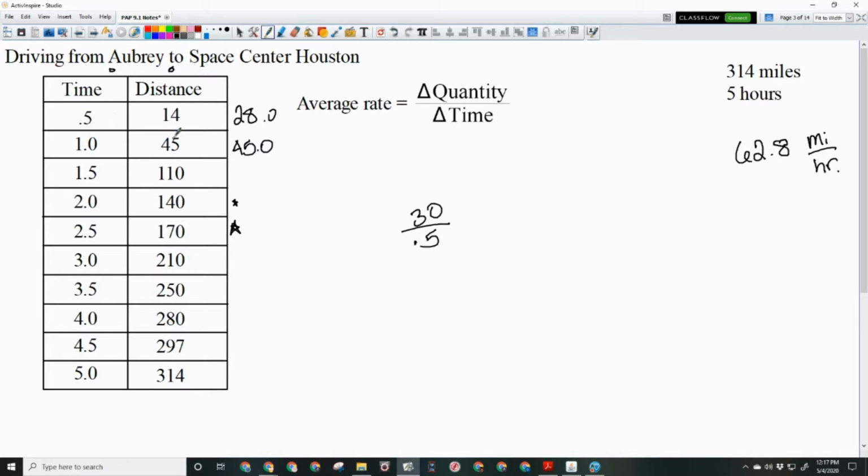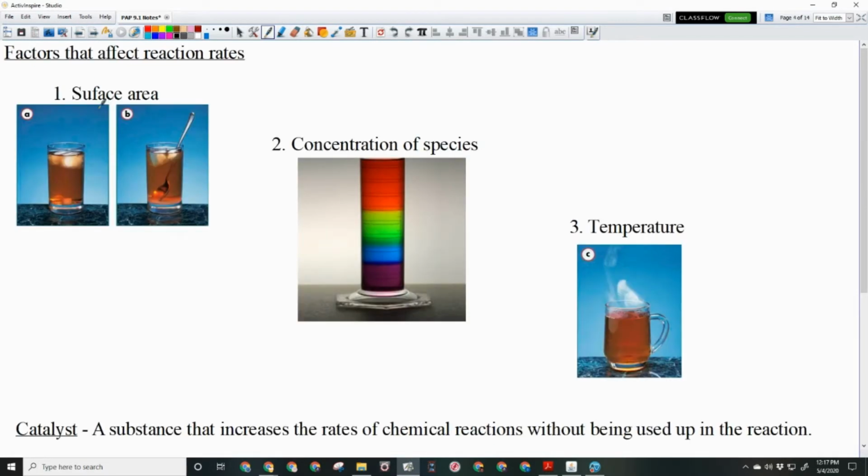So that's the same thing with reactions. Reactions may start very slow. Reactions may speed up in the middle, and then they're going to taper off at the end. Okay, and the reason for this is because there are factors that affect the rates of the reaction. We're going to talk about some of those. All right, so this is the rate of the reaction, the factors that affect the rate of the reaction.